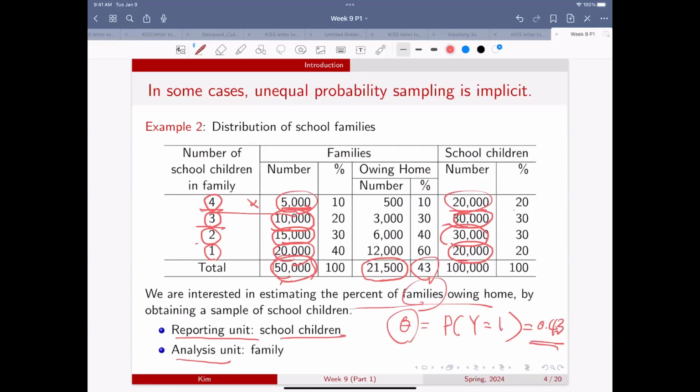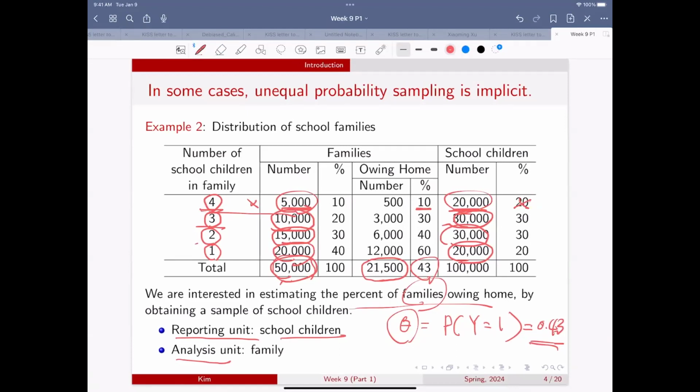So the percent is 10%. Because we have 20,000 children, they have 10% owning the house.